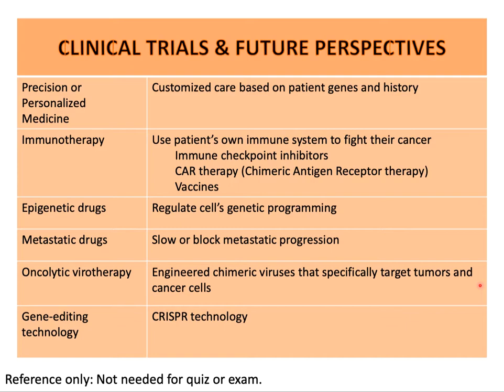Two new immunotherapies are one, immunotherapy checkpoint inhibitors, not to be confused with the cell cycle checkpoints, and two is CAR therapy. The immune cells, the T cells, have an off switch to keep the immune system in check. There are molecules on the surface of the normal and healthy cells that tell the T cells to leave it alone.